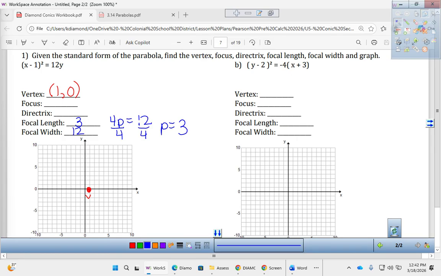Here's what that means for this parabola. The focal length is going to tell me where the focus is. So I'm going to go 3 units from the vertex, but there are 4 different places I could go. I could go 3 units up, 3 units left, 3 units right, or 3 units down. So how do I know which way I go? I look at the original equation. What's being squared is x.